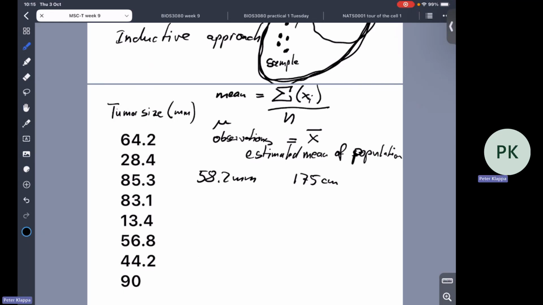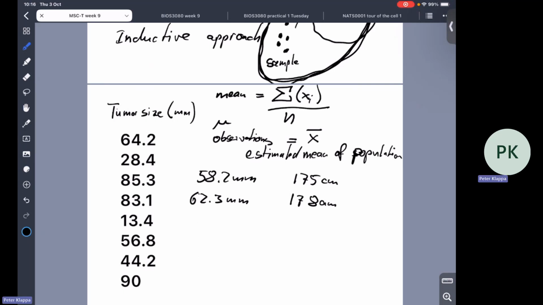Will I get the same average? Not exactly the same. Let's say I get now 178 centimeters. Or with the tumor cells, I might get 62.3 millimeters. And with that, obviously, I would get another estimate for my population mean, right?